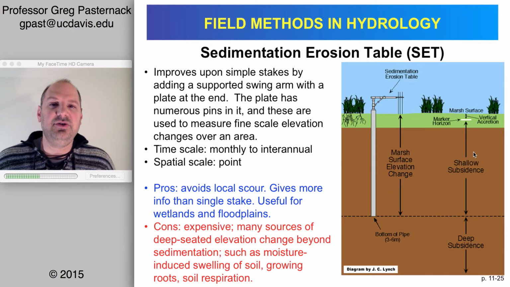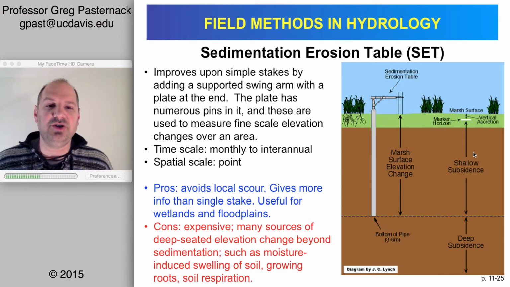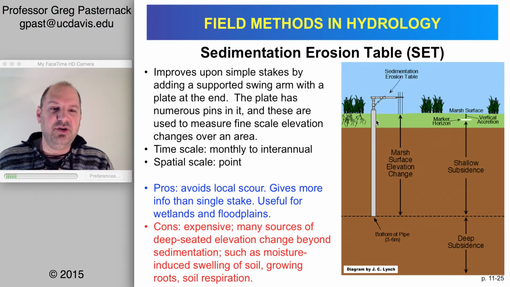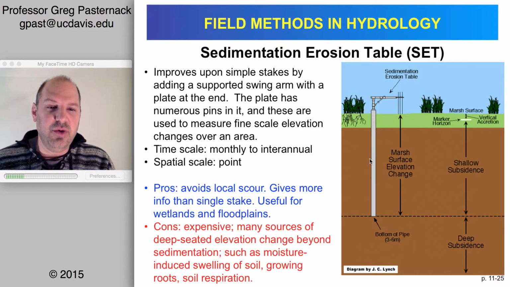And one of those that's used in a depositional environment quite a lot is called the Sedimentation Erosion Table. It's essentially a stake-based approach, but you don't leave the stake there when things are happening. So what happens is you go near to the spot you'd like to make a measurement, and you take out a core and you put in a pipe.